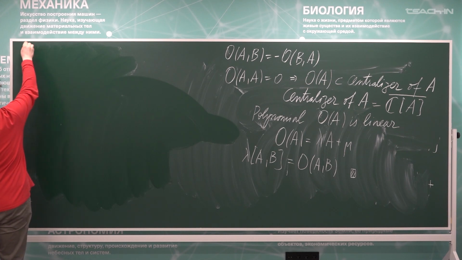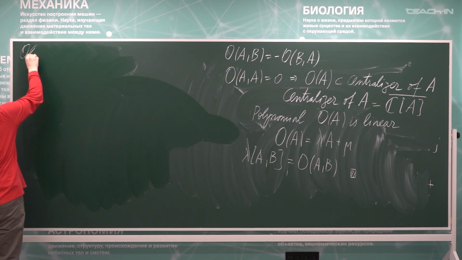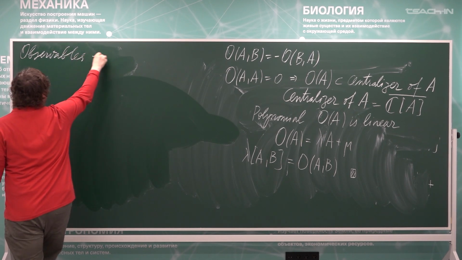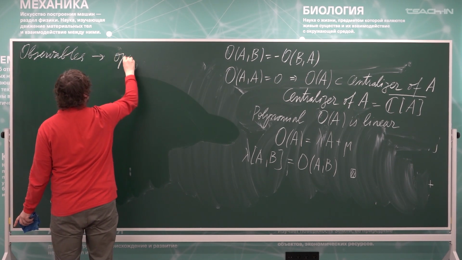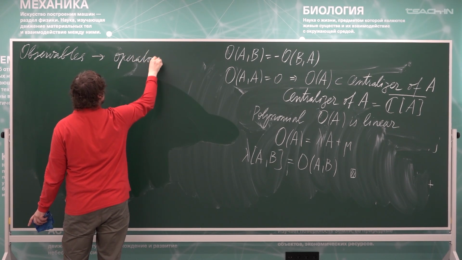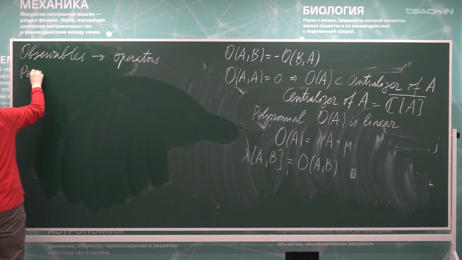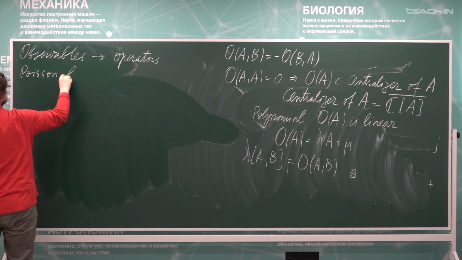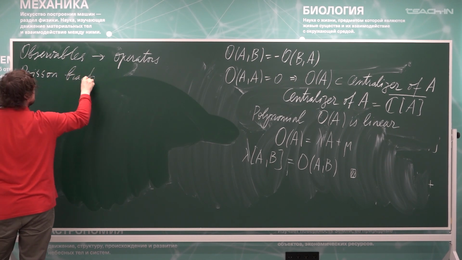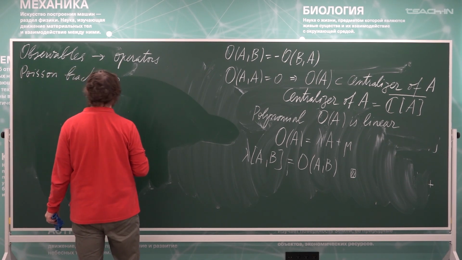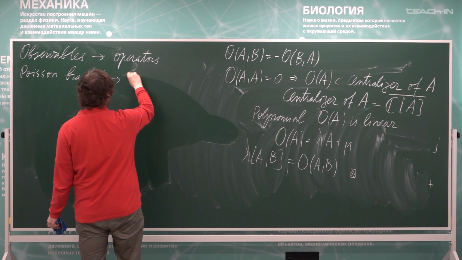So let me continue. Observables are replaced by operators, and the Poisson bracket by commutator.